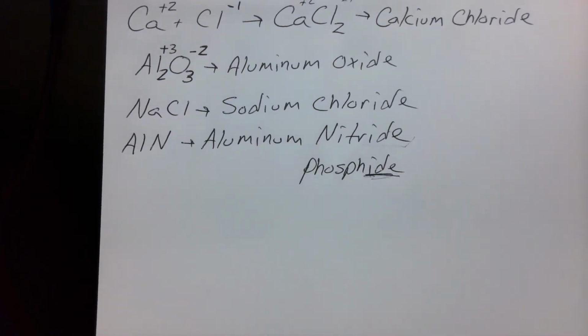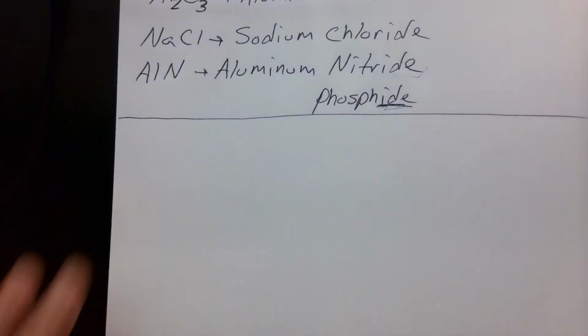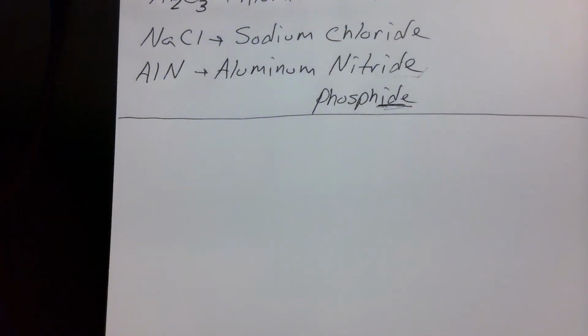It gets a little harder if you have to go the other way. That means I give you the name and you have to give me the formula, which is exactly what we did last week.